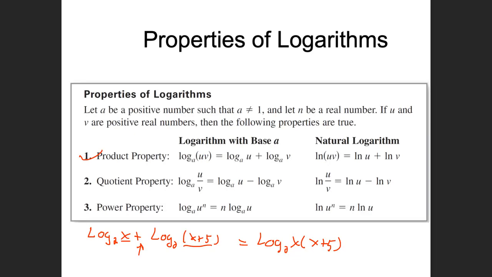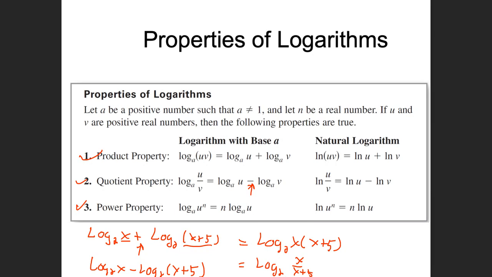Now, the quotient property: if there's a minus sign here, then we would subtract. So if this was the log base 2 of x minus the log base 2 of x plus 5, there's a minus sign here, so we would rewrite it as a single log, but this would be the log base 2 of x over x plus 5. Okay, and then we also have a power property that says the log base a of u to the n.